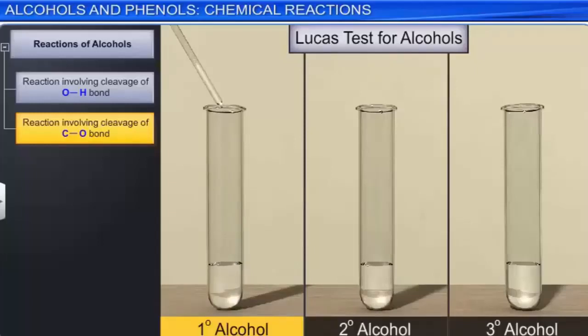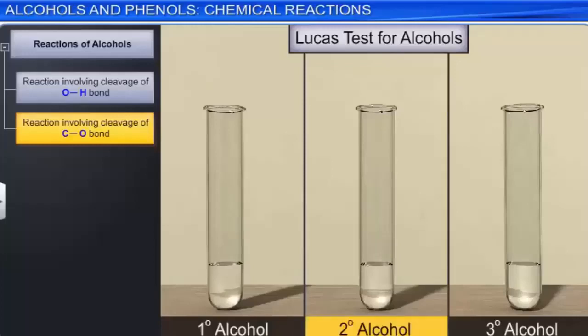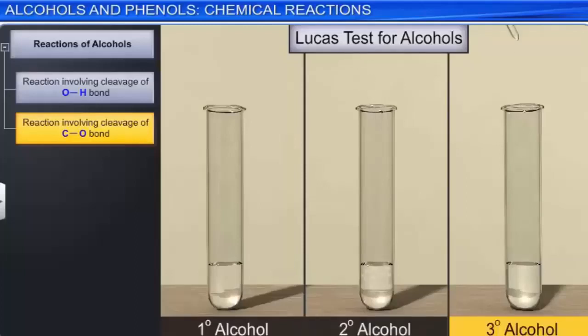A secondary alcohol will show cloudiness in about 3 to 5 minutes. A tertiary alcohol turns cloudy almost immediately.